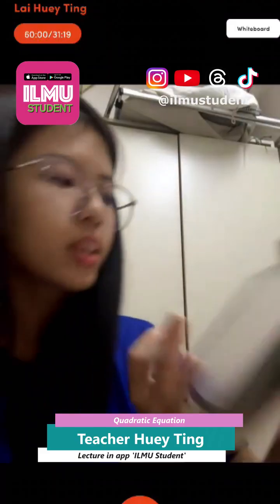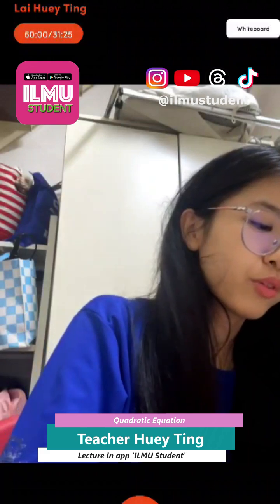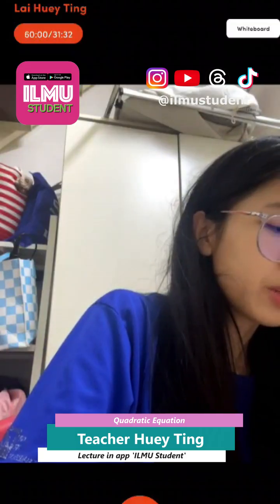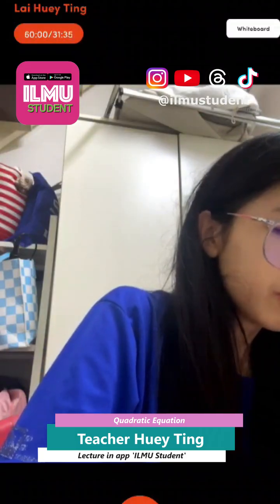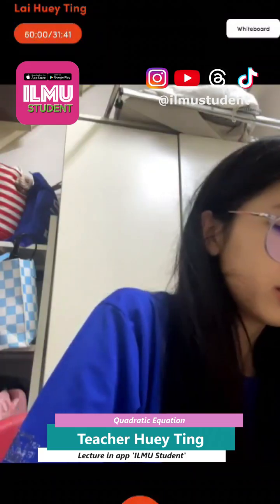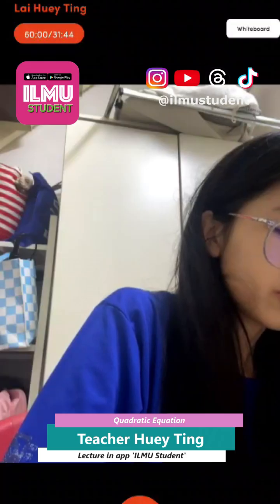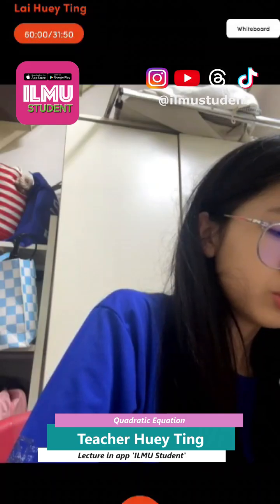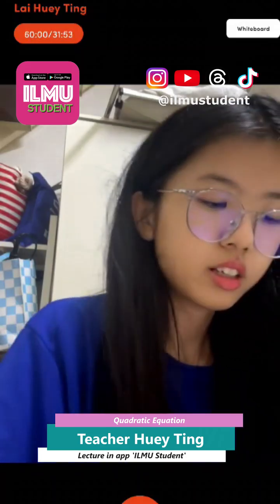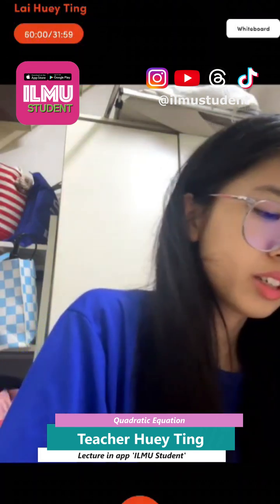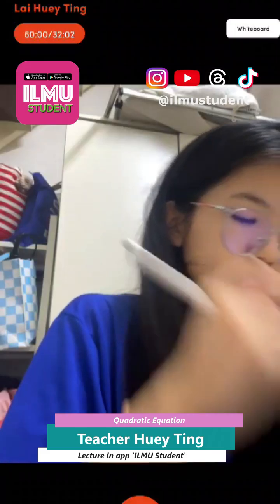3 over 4. Okay, then for the g, also using a similar method, we have to multiply the p plus 1 for both sides, and then we get the answer 3p plus 1, and then we multiply it, so 3p plus 3, then 2p squared minus 3p, and then minus 17 minus 3 equal to negative 20 to 0.